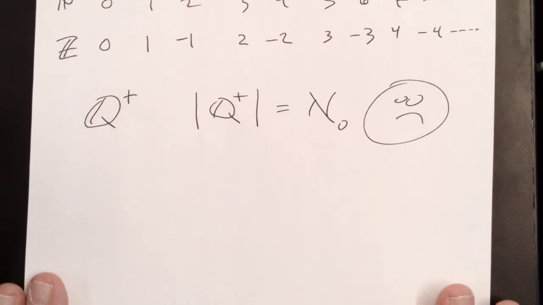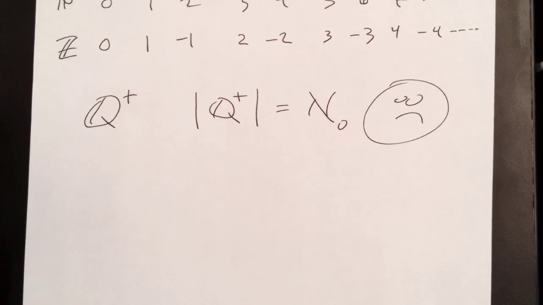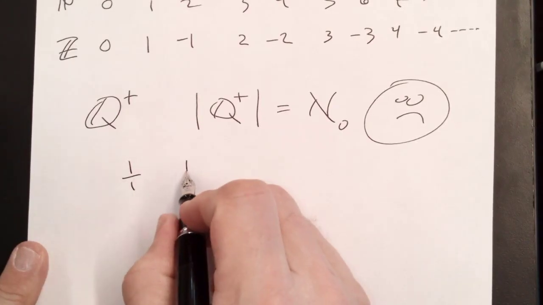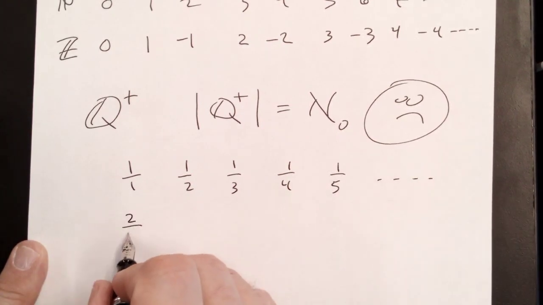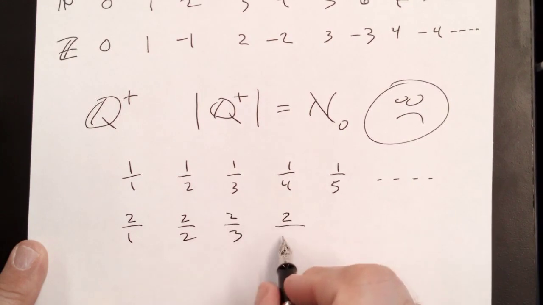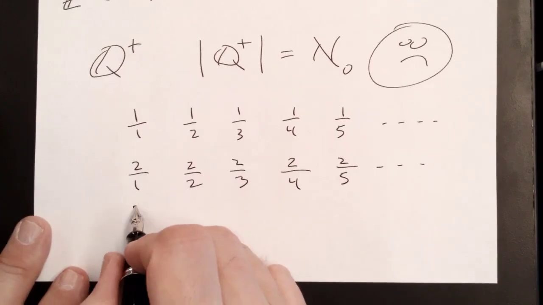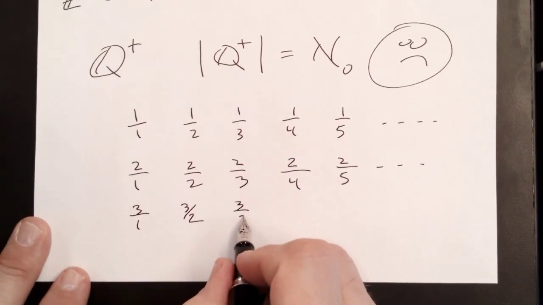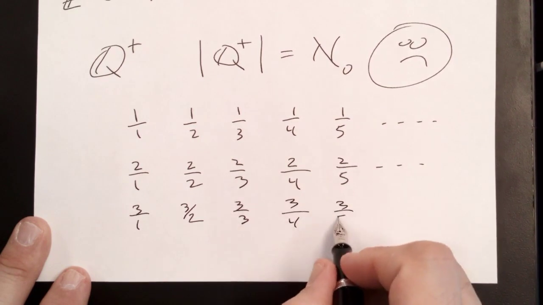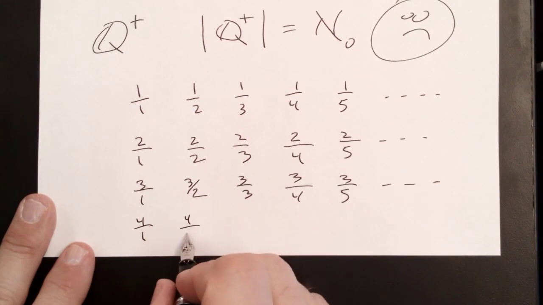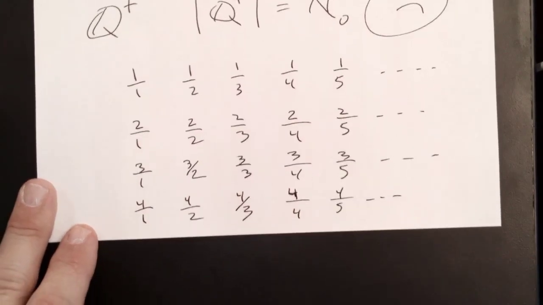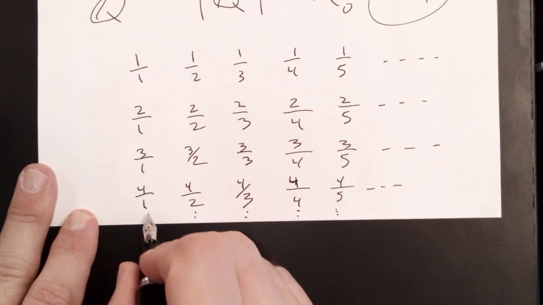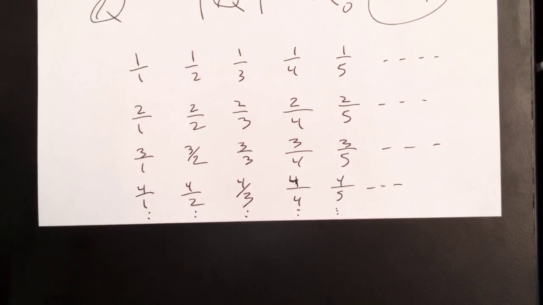I'm going to make a giant table of fractions. If I continue all of these columns infinitely down, and I continue each row infinitely off to the right, you agree with me that we get all the fractions that are positive?